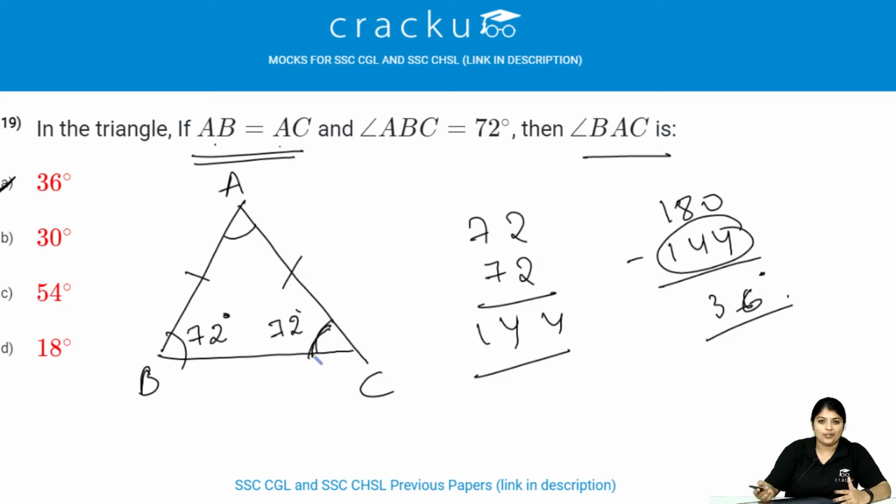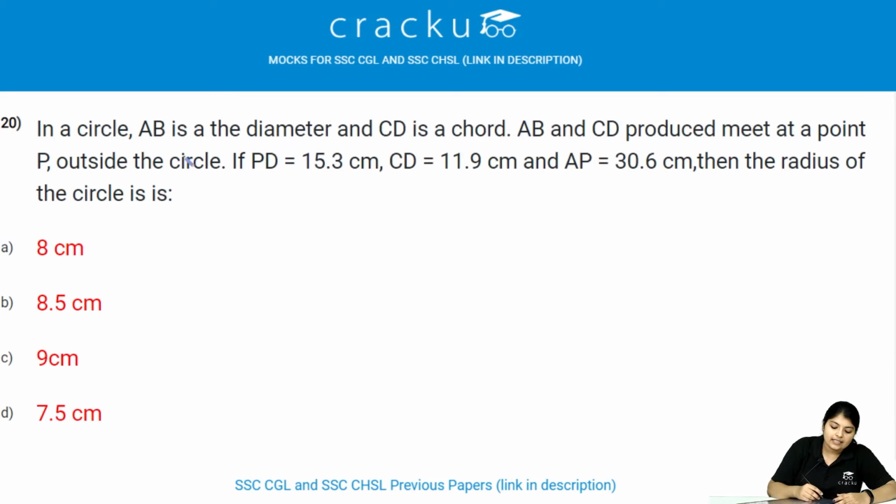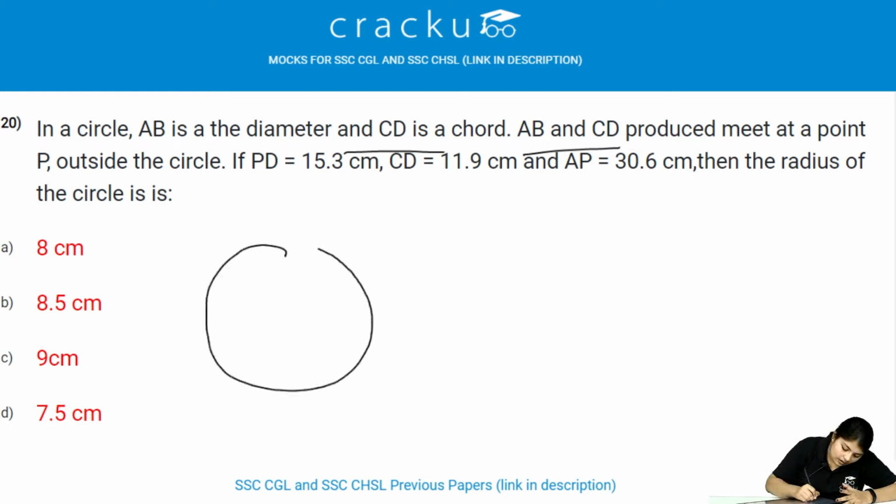Now, let's see the next one. In a circle, AB is the diameter and CD is the chord. AB and CD produced meet at a point P outside the circle. Now, let's draw the circle. AB is the diameter, and CD is the chord.